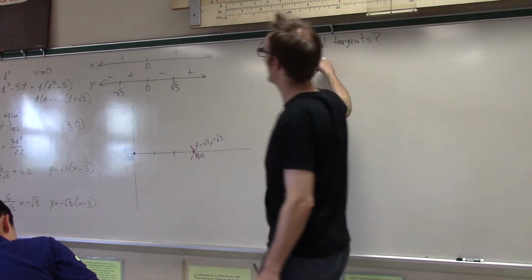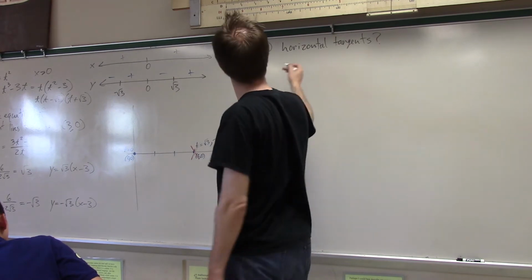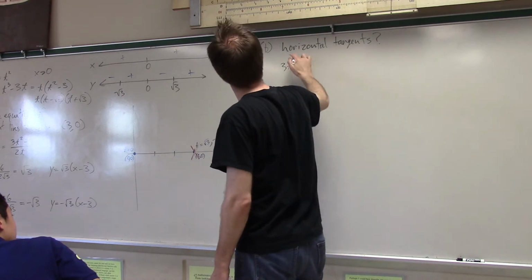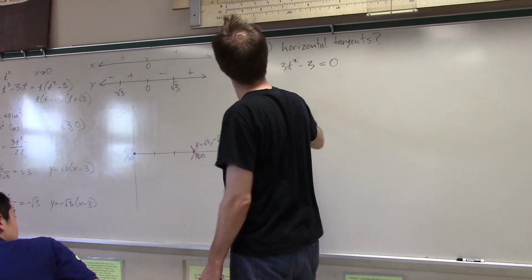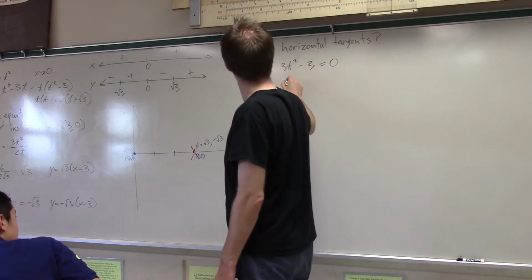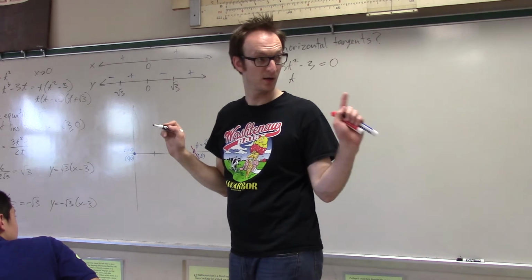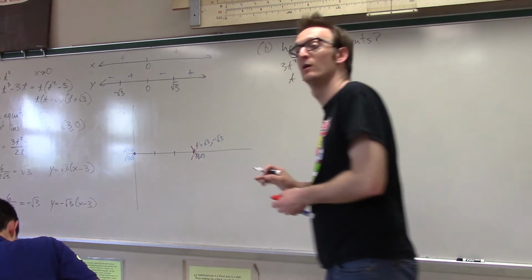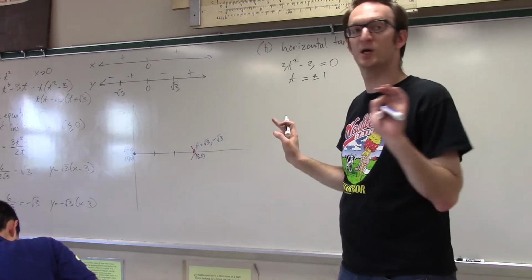Whenever that numerator is 0, so whenever 3t squared minus 3 is 0, which is at t equals plus or minus 1, because that's when t squared is 1.